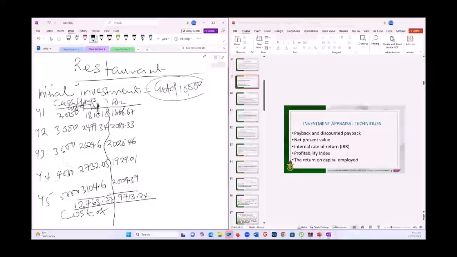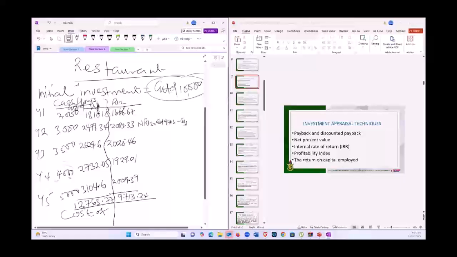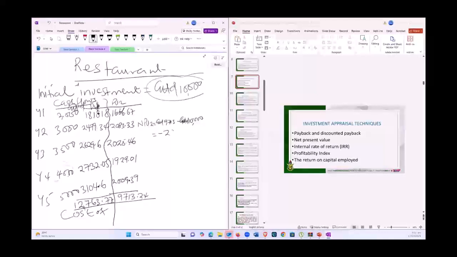So our NPV2 becomes what? 9,713 minus 10,000. Negative 286.